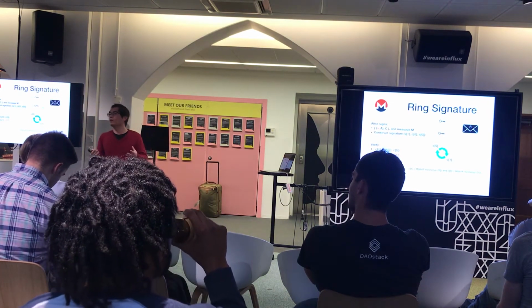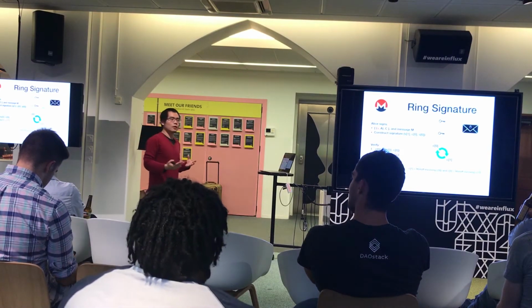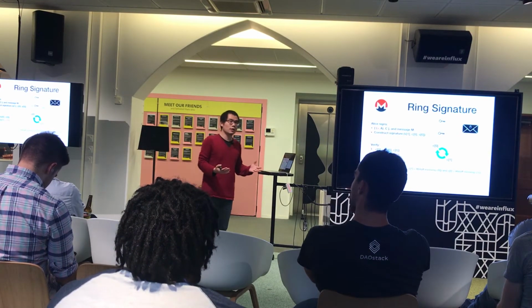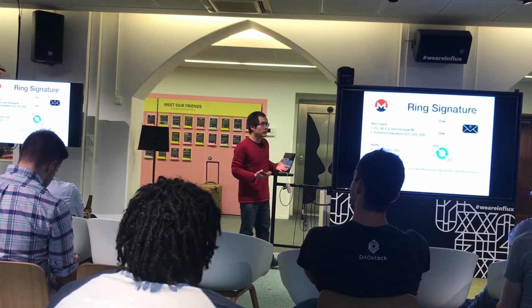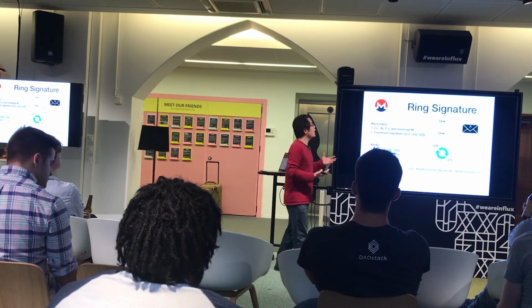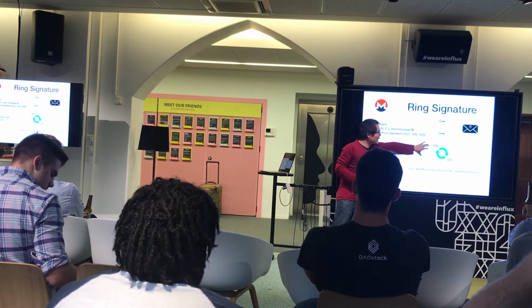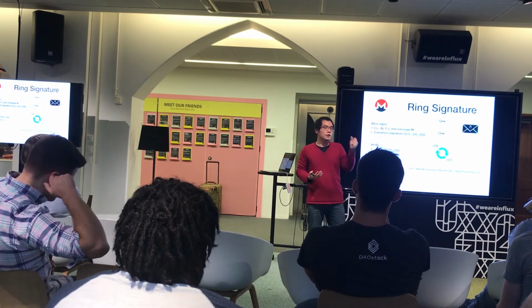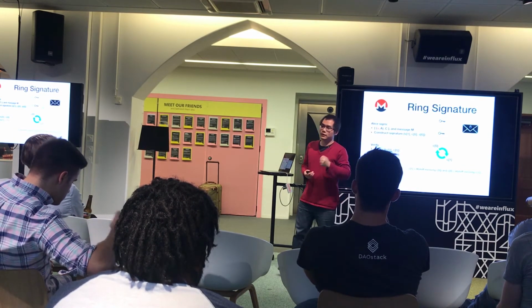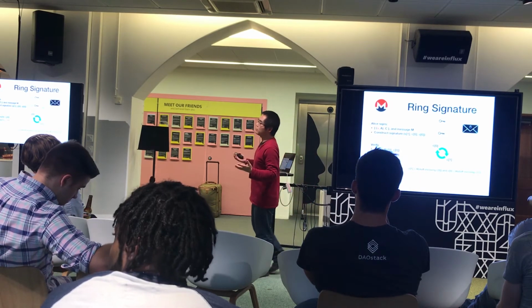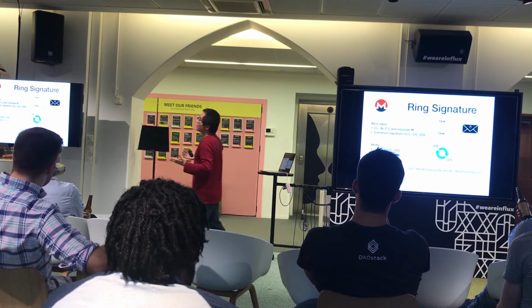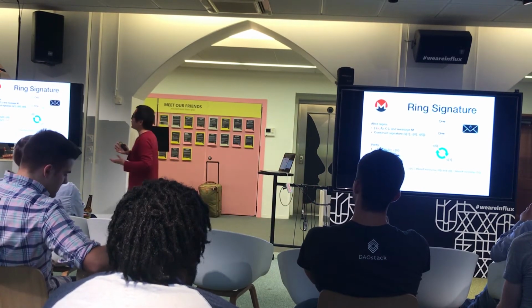But that's the ring. Once the verifier says, okay, we can prove it is a ring, then what we actually proved is that somebody among these guys has used the private key to sign the signature. I don't know whose, but one guy. In this case, it's Alice, but I don't know.